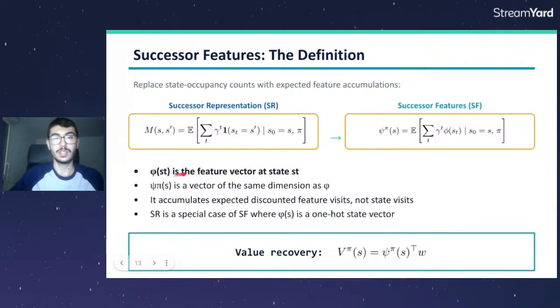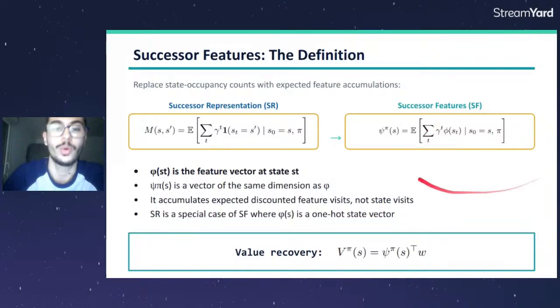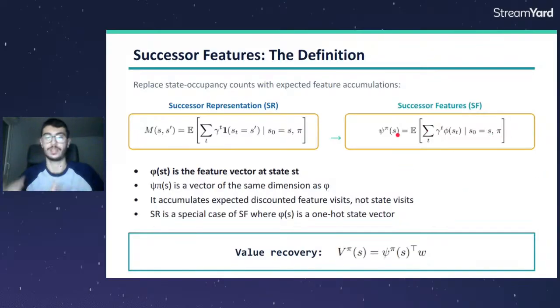And psi of S is a vector of the same dimension as phi. As you can see here, it's just a discounted sum of feature vectors, so itself, it's going to be of the same dimension. It accumulates the expected discounted feature visits, not state visits. So exactly, it's going to predict what are the features that we are going to end up with by the end.